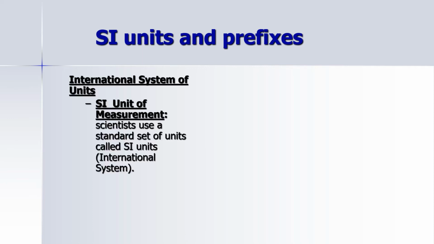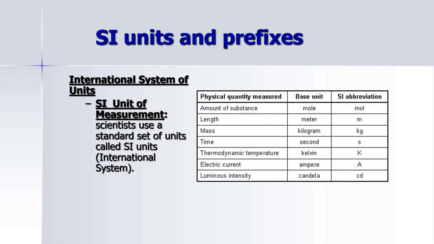That system is called the International System of Units, and the SI units basically consist of these 7 main units. These are the basic units that do not depend on others, but we can derive a lot more units from them. So we will only be focusing on the first 5. You guys don't need to know the last 2 for this course.